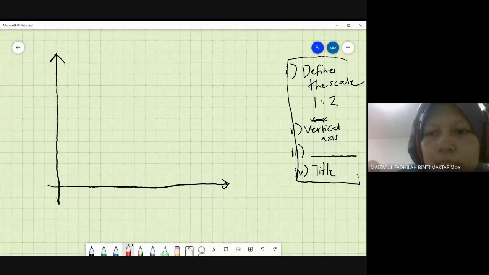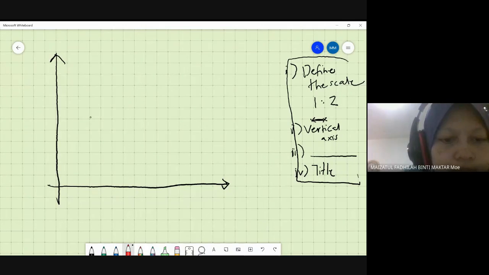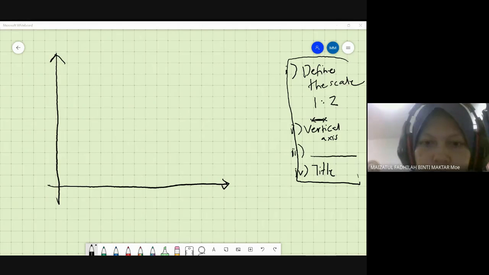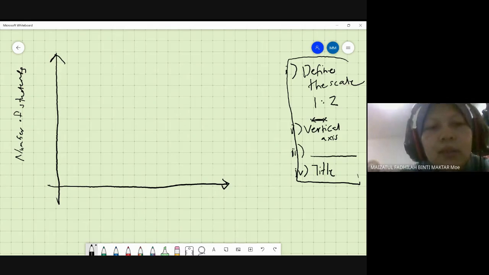You already said one square is 2 units. Because this is frequency, you write here: number of students, as in the name of the table. So one square means 2 units.